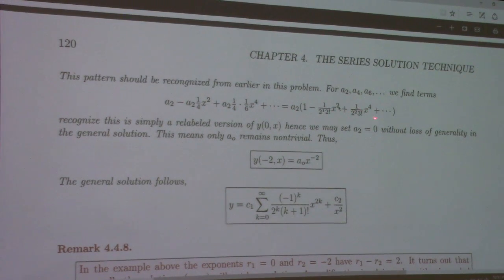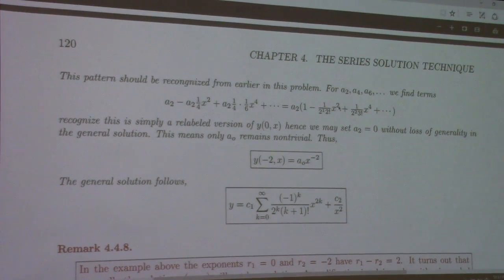But that's exactly just a relabeled version of the first solution. This is exactly what we got from the R equals 0 index. This is the 0 index solution. So a copy of the 0 index solution has appeared in the minus 2 solution.